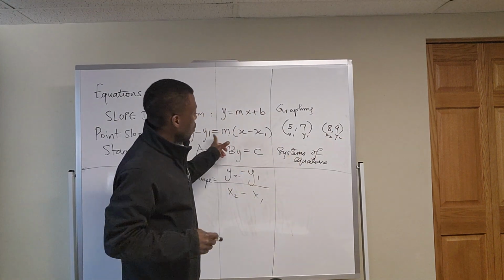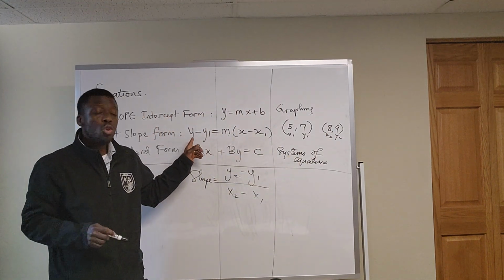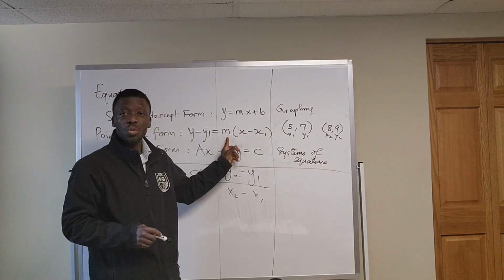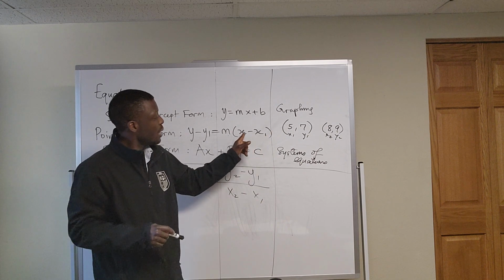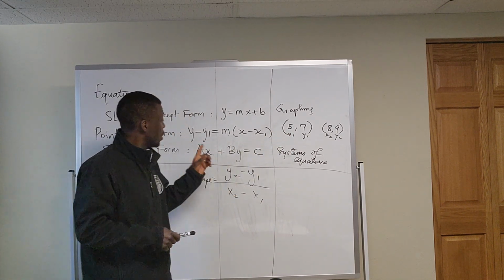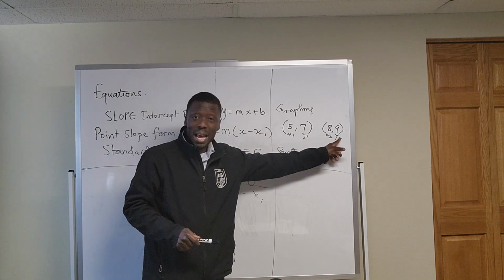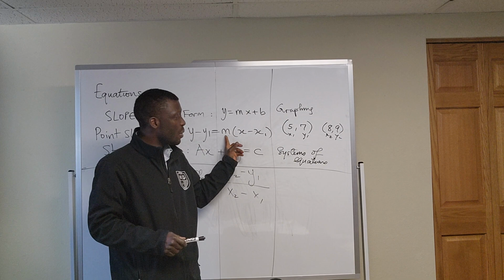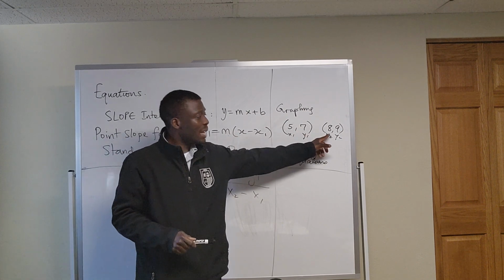You can use y minus 7 is equal to whatever the slope is of those values, times x minus 5. Or you can use y minus 9 is equal to the slope of these values times x minus 8.